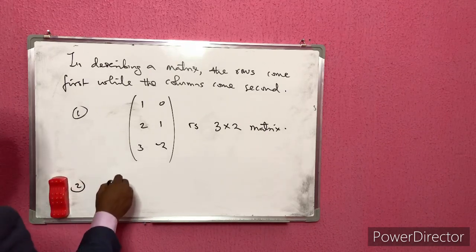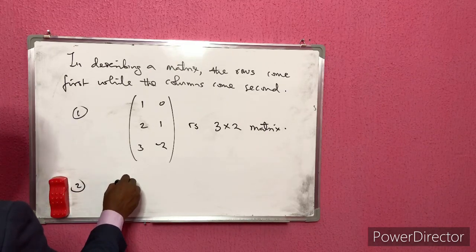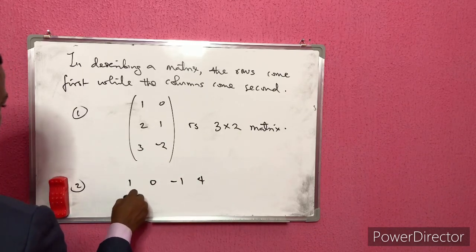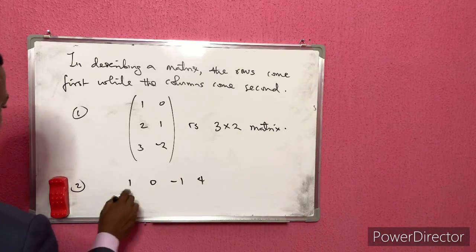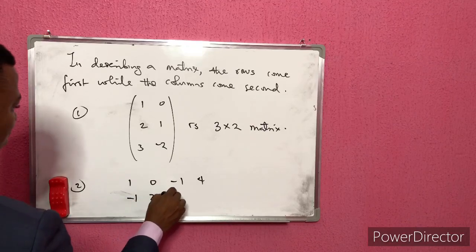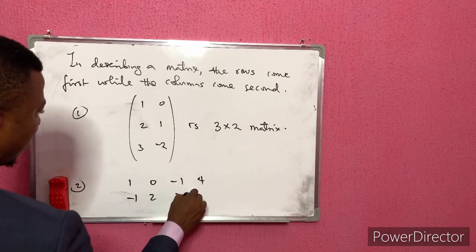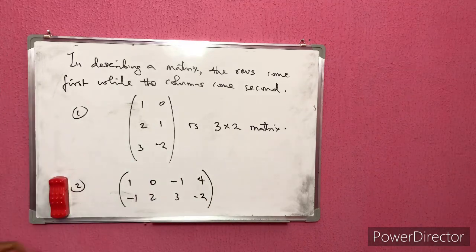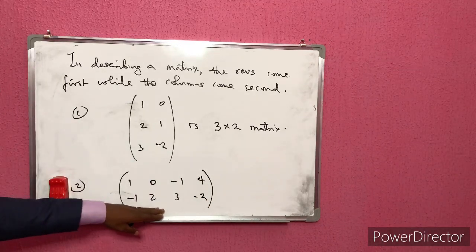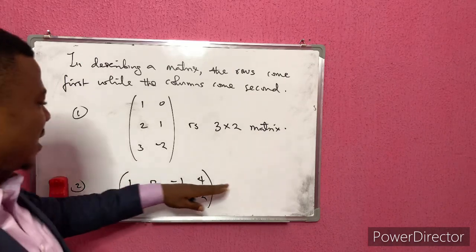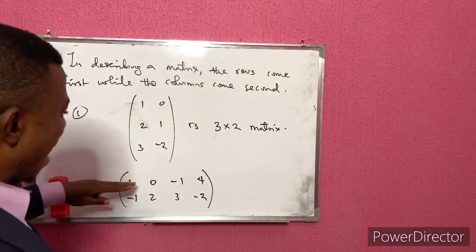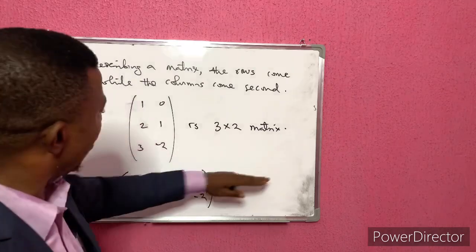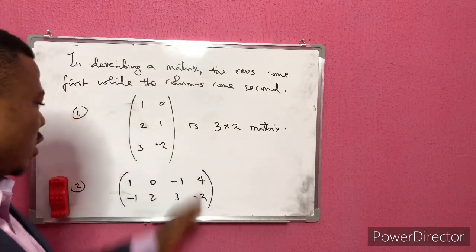Another example, if you have something like this: 1, 0, minus 1, 4, minus 1, 2, 3, minus 2. Look at the matrix on the board. Remember we said in describing this matrix, we describe the row first before the column.